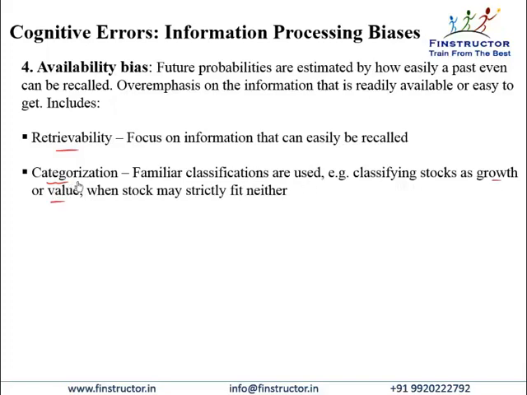So we may always want to categorize a particular stock as a growth stock or a value stock when the stock may actually fit neither. So we overemphasize readily available information. The retrievability of the information will have an impact. We want to put the information in familiar classifications so that we can easily analyze it by our set methods.